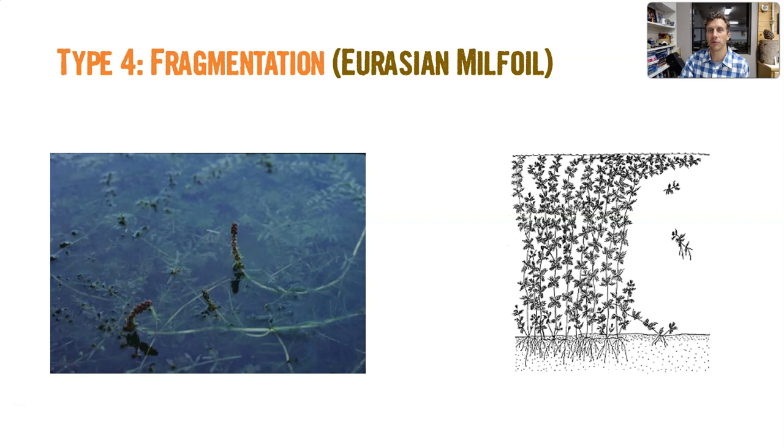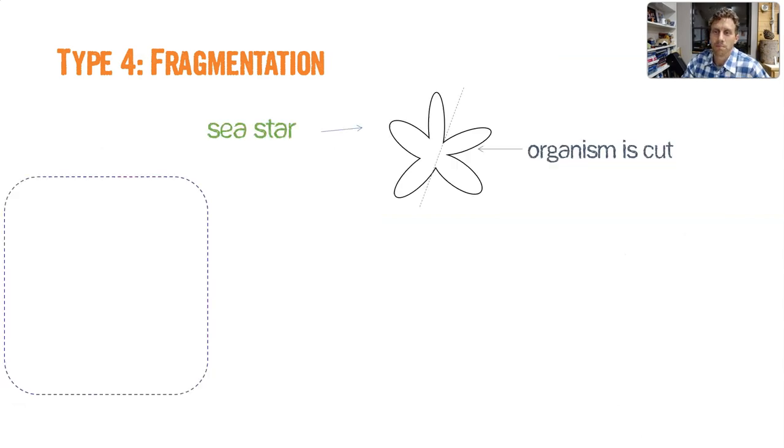We talked about Eurasian milfoil, which can get transferred from one lake to the next if it gets stuck on your propeller. Then you go to another lake with a little piece on your propeller, it gets into the next lake, and it is happy there to start dividing and fill that lake up.